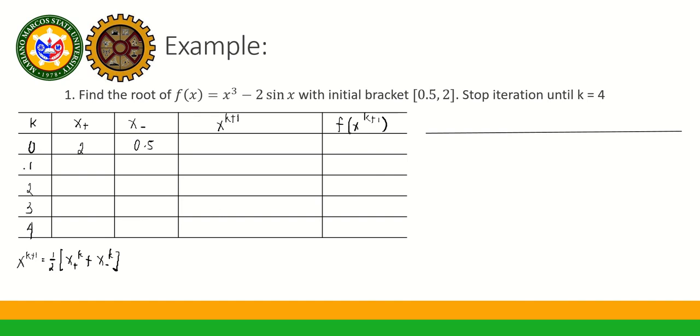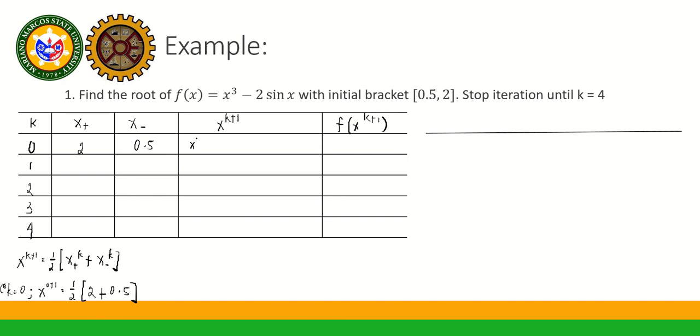So, at k is equal to 0, yung formula natin will be x raised to 0 plus 1 is equal to 1 half times x positive natin is 2 plus x negative natin is 0.5. So, yun yung ipa-plug natin dito.